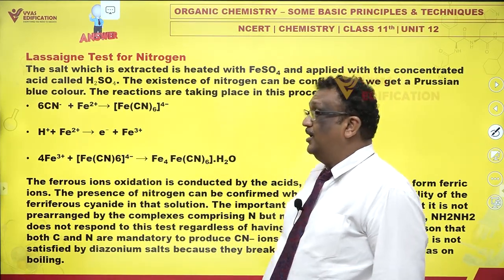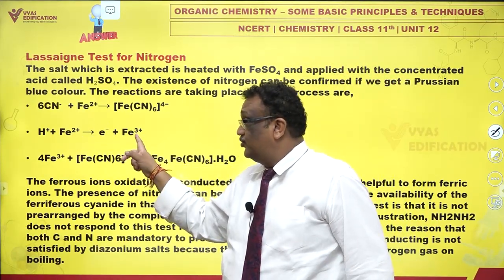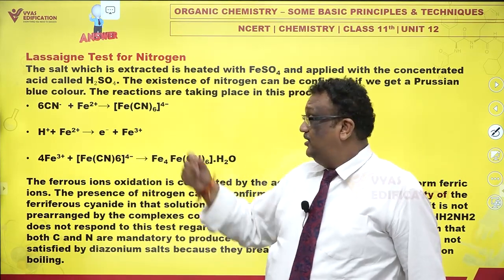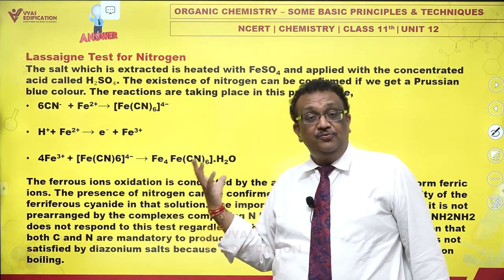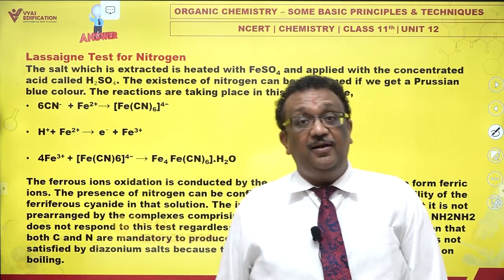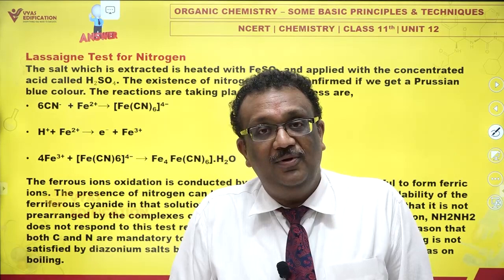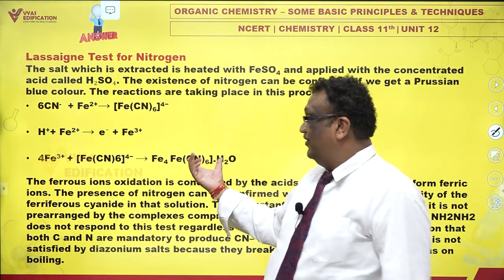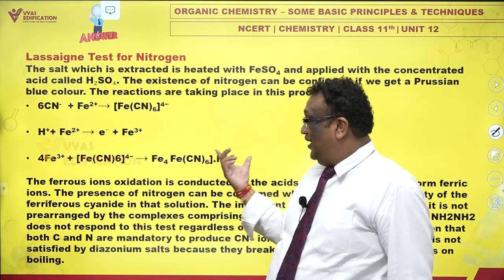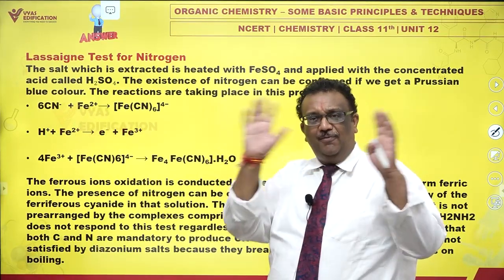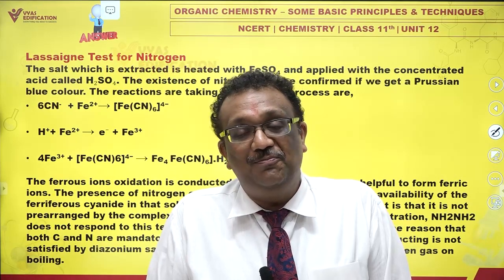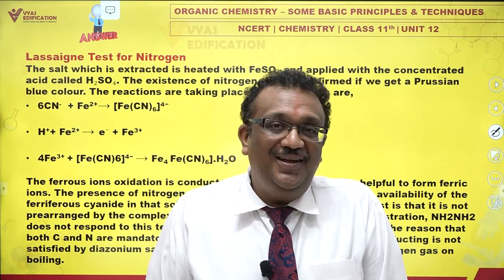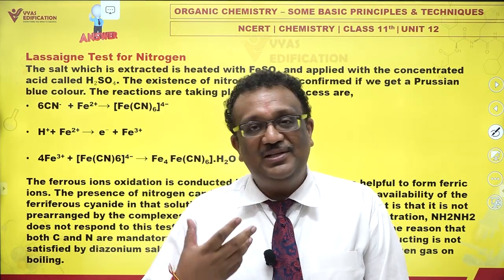Even if some ferrous gets oxidized to ferric, this ferric with ferrocyanide creates a very beautiful dark blue precipitate of Prussian blue, ferriferrocyanide. This dark blue Prussian blue precipitate confirms the presence of nitrogen in the original organic compound as per Lassaigne's test.